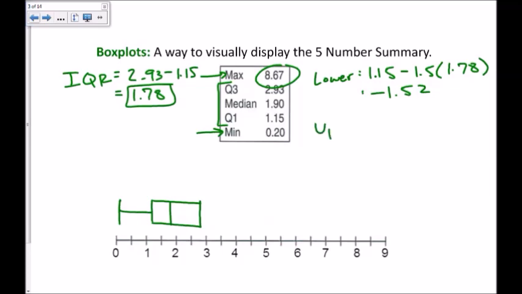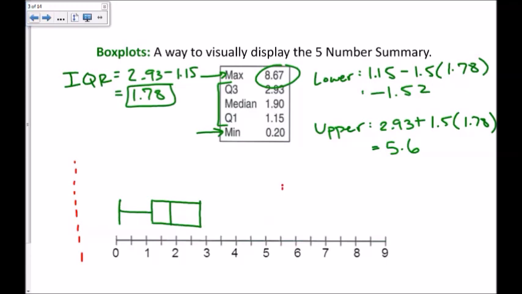And the upper fence is 2.93 plus 1.5 times 1.78, and I get 5.6. So our lower fence is at negative 1.52. The minimum value is within that fence and would not be considered an outlier. It doesn't seem different in the data. The upper fence is 5.6.